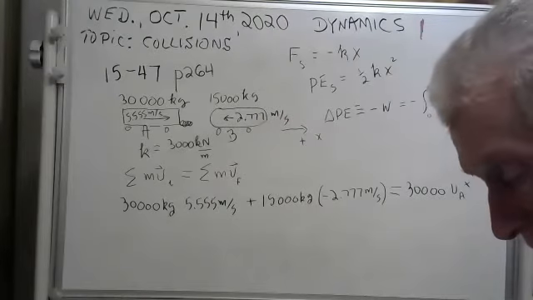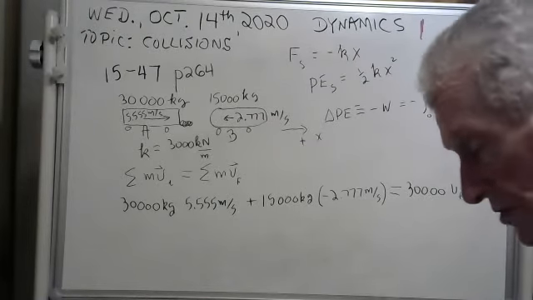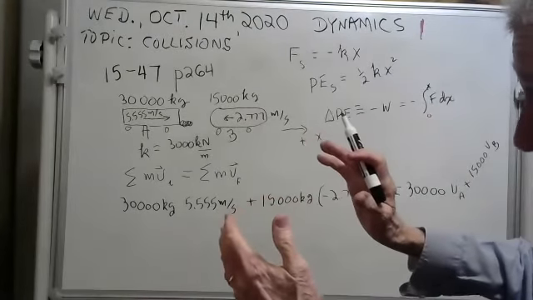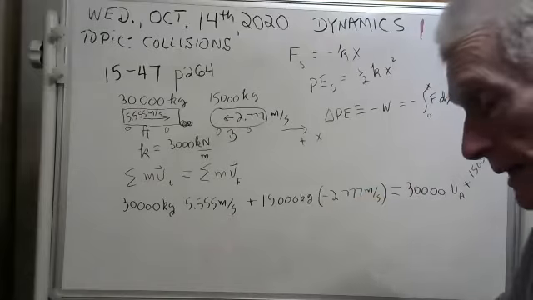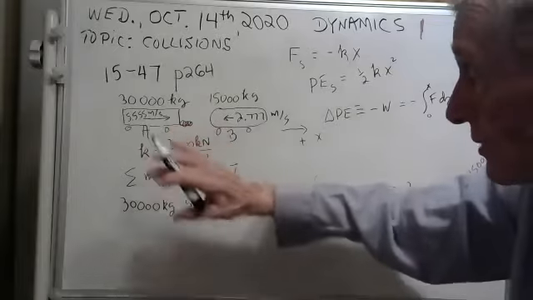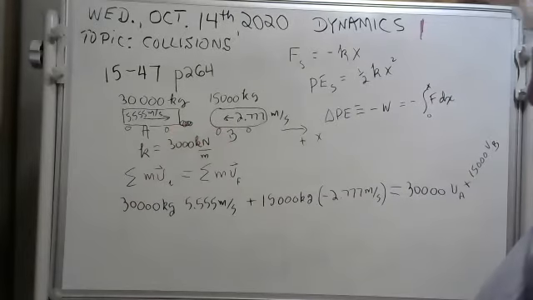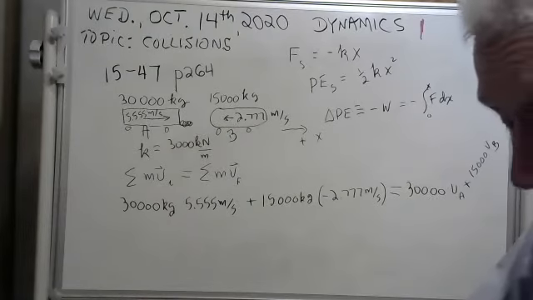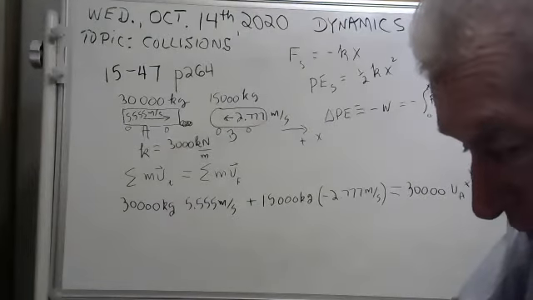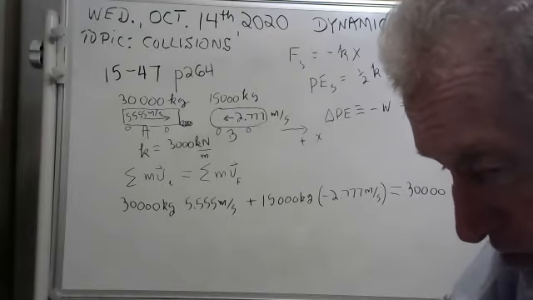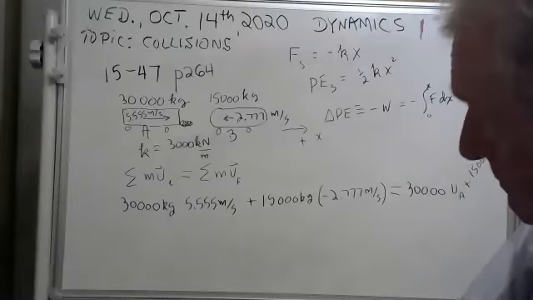But I'm not interested in that because if you read the problem, they want to know something about the maximum compression of the spring. See, that spring is going to compress and then it's going to expand, it's going to bounce back. But when the collision is at its maximum, these two bodies will have the same velocity. I gave you a talk about that last time. When the collision is at its peak and the forces are maximum, the two bodies are going at the same velocity.